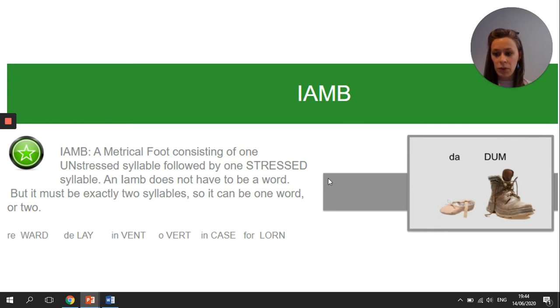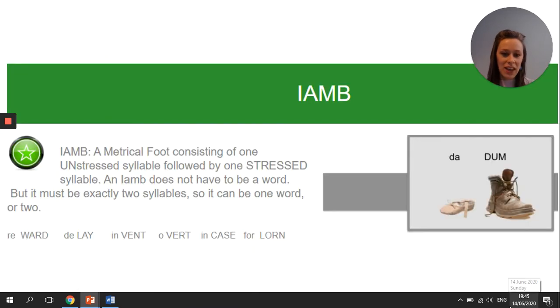So, for example, reward, delay, invent, overt, in case, forlorn. And if you have a look at my little shoes, a little tiny ballet shoe, and then a big boot, because it's a quieter first beat and a louder second beat. Da-dum. Okay, so that's an iamb.